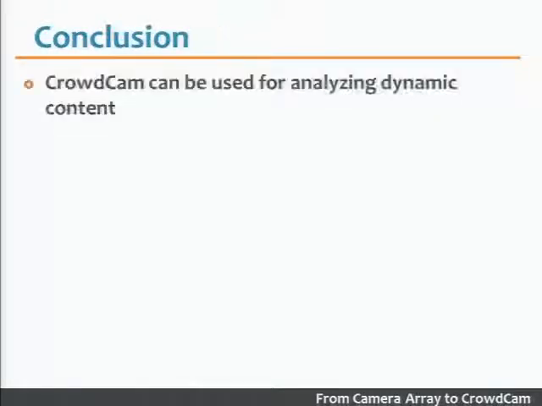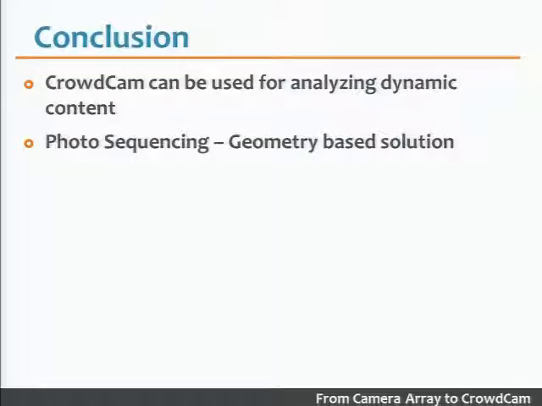So if I conclude, what we wanted to show in this work is that CrowdCam can be used to analyze the dynamic content of the scene, not just the static. We introduced the photo sequencing problem, which is a novel problem, and we offered a geometry-based solution. We used rank aggregation, which I believe can be useful for other computer vision problems.